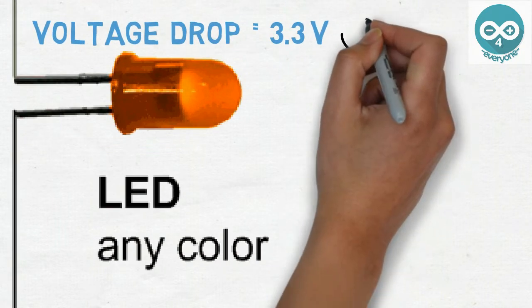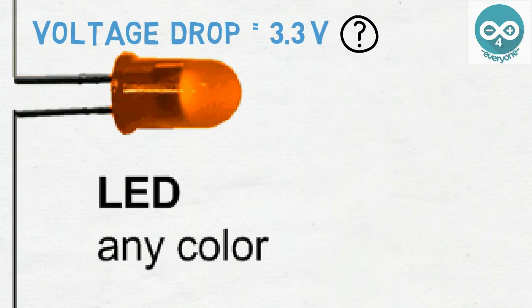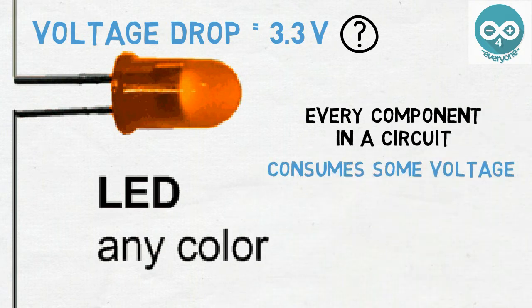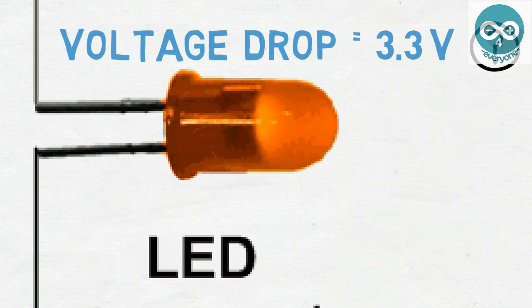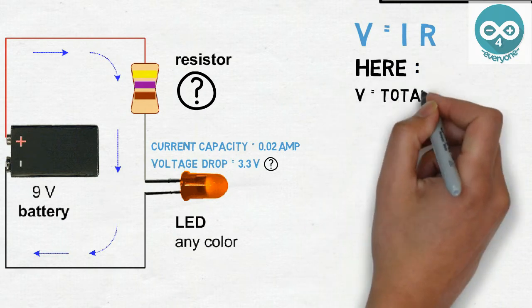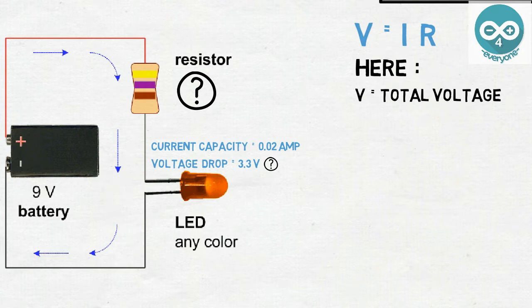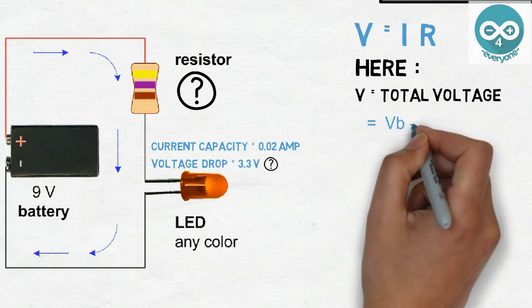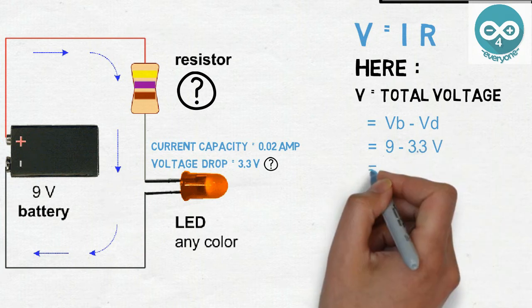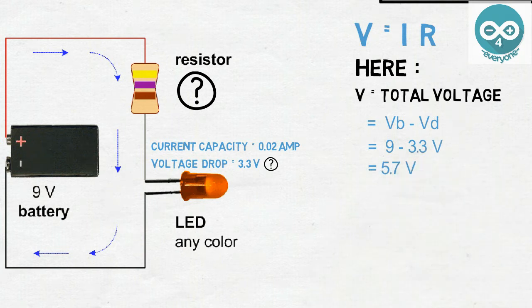Confused about voltage drop? Every component in a circuit consumes some voltage, and that amount is called voltage drop, and that is 3.3 volts for an LED. Now coming to the formula, here V equals the total voltage, that is the voltage of the battery minus the voltage drop, that is 9 minus 3.3, which equals 5.7 volts.